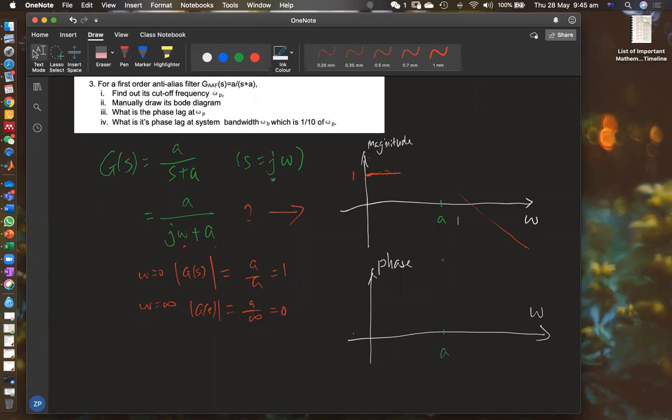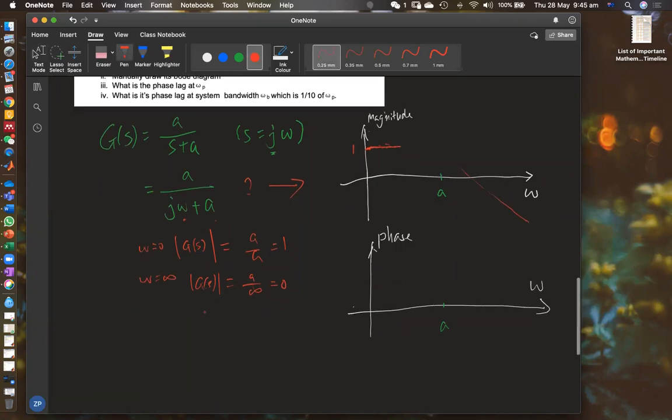And we also look at a particular point, say if omega equals A, and our G(s) is equal to A over AJ plus A. Right, so this is equal to 1 over square root of 2. That's it.